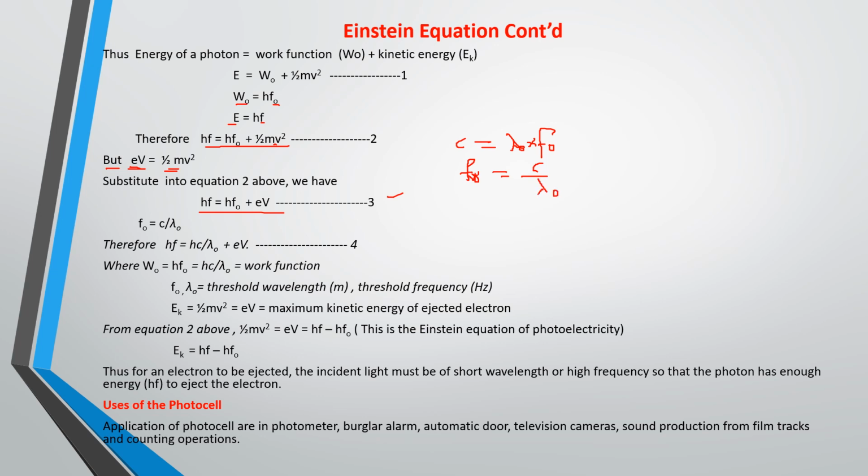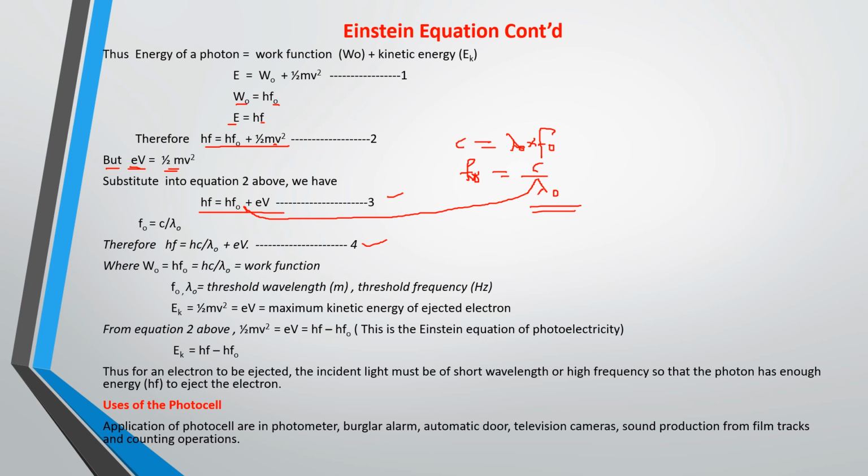So you can substitute this into where you have your FO here, into this part of the equation, and then you have equation 4. All right, so these are how you can derive the different equations.